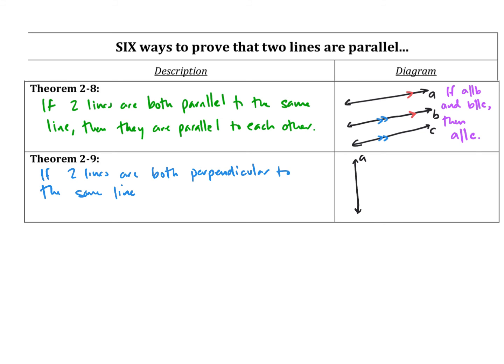Maybe we have line A here, and it is perpendicular to line C. So it forms a 90-degree angle right there. And then we have another line, call it line B, that is also perpendicular to line C, forms a 90-degree angle. So that's the situation that we're describing. Two lines are both perpendicular to the same line. Then they are parallel to each other.